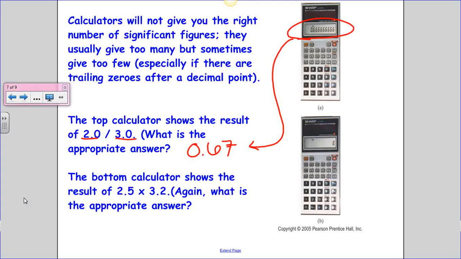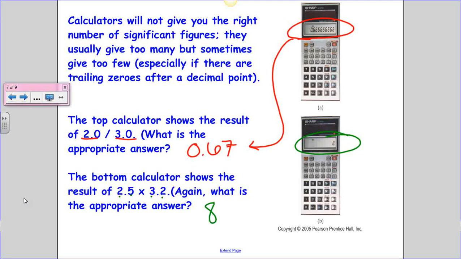Okay, well, what about the bottom calculator? The bottom calculator shows the result of 2.5 times 3.2, and the answer is 8. Is this an appropriate number of significant figures? No. It may look fine because it's a nice small number, but 2.5 has 2 significant figures, and so does 3.2, so your answer should also have 2 significant figures.